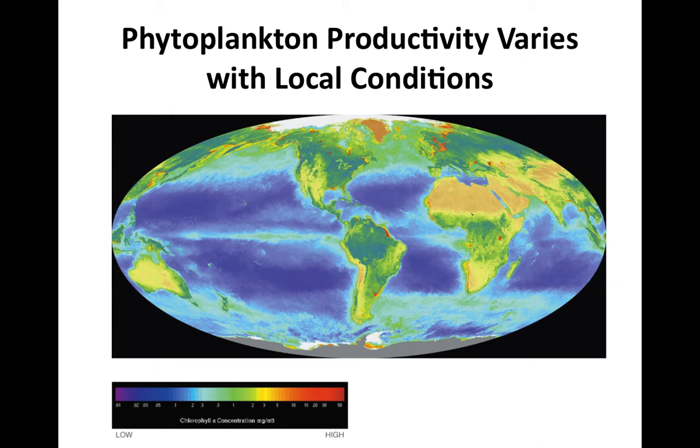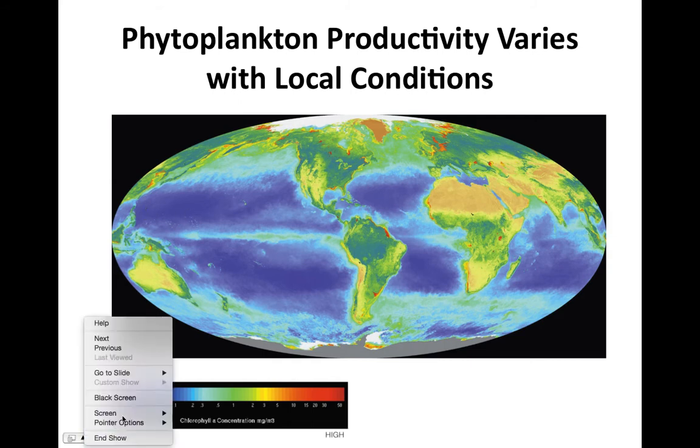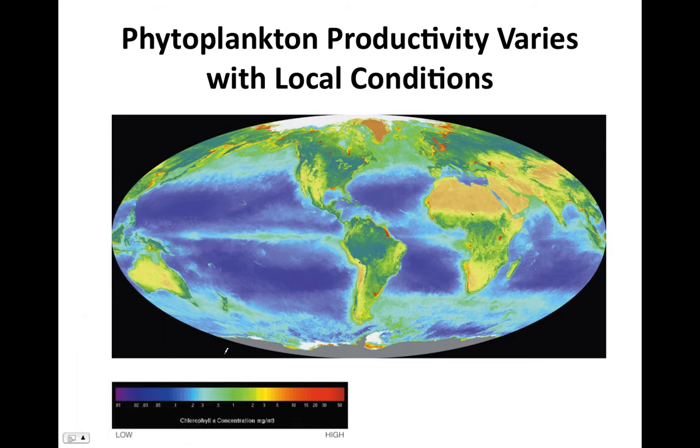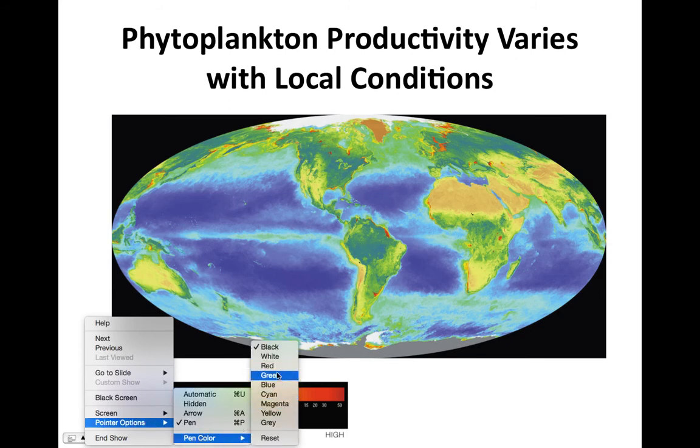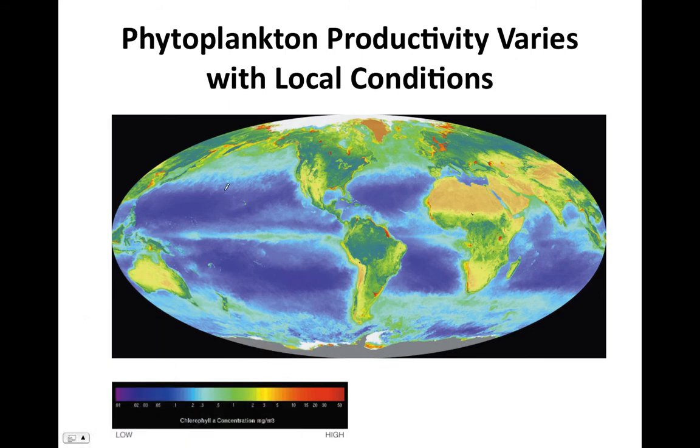And we've looked at this map a number of times. This map basically maps out the distribution of these phytoplankton. So anywhere you have blues, dark blues, that means there's very little chlorophyll there and therefore very little photosynthesis, and so we don't have a lot of phytoplankton there.